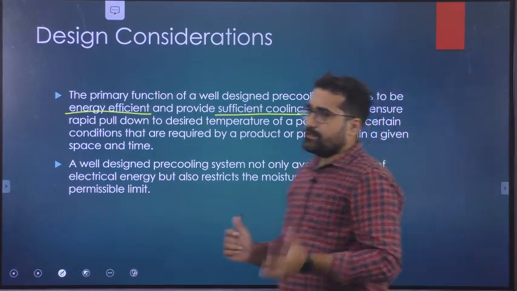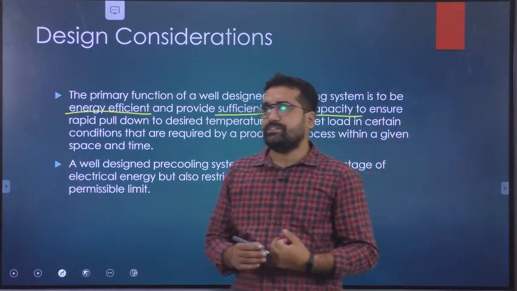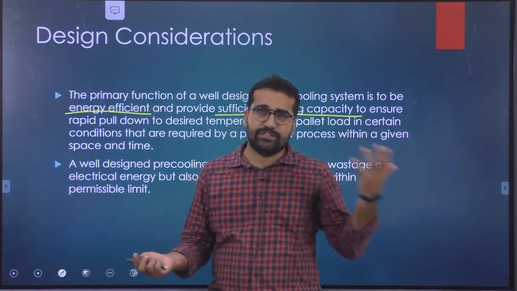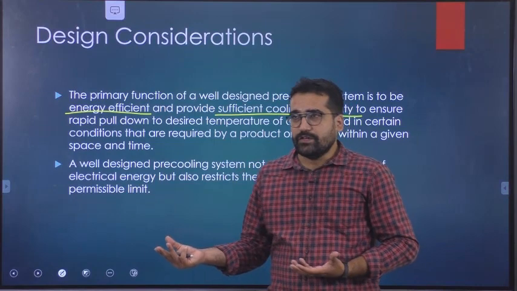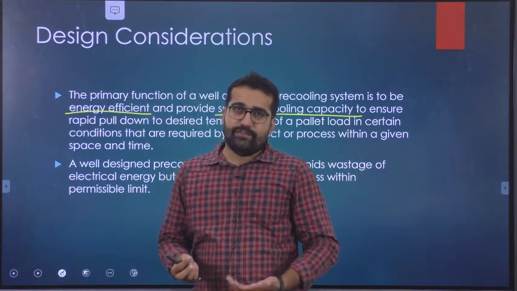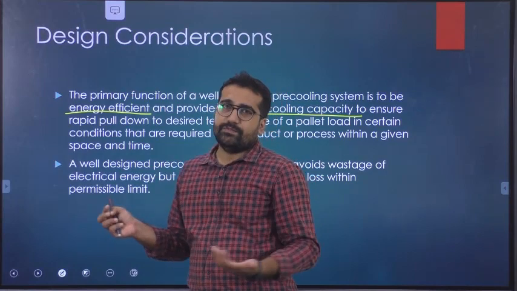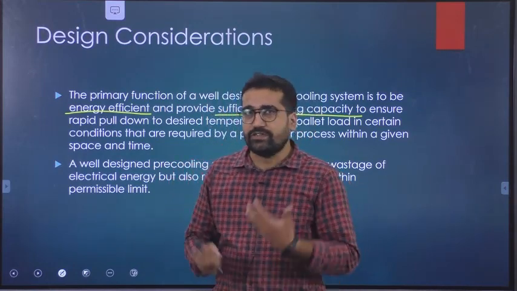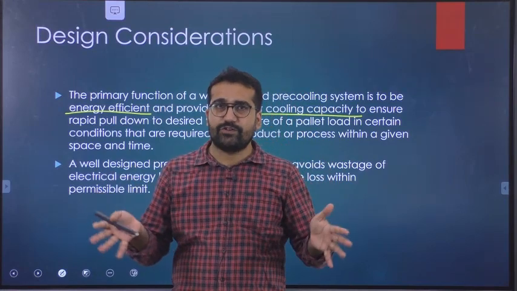Pre-cooling is like a water cooler, okay. There are two types of pre-cooler we have already known, one is hydro, another one is forced-air type. Our water cooler can be a pre-cooler if we put 2-3 water coolers inside a room and provide proper ventilation, so that the room itself is known as a pre-cooling room.